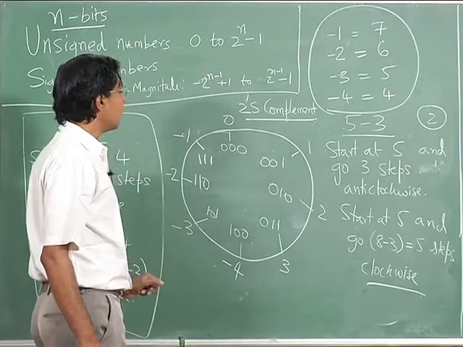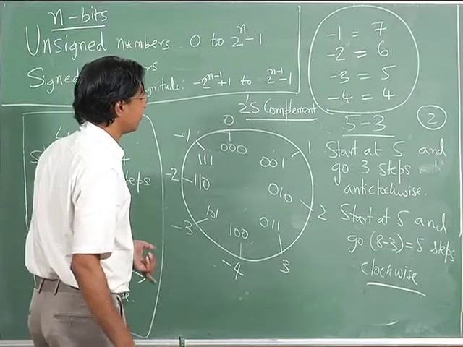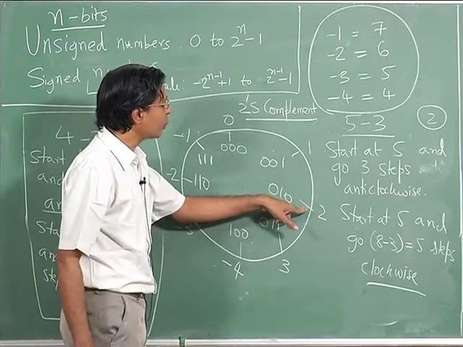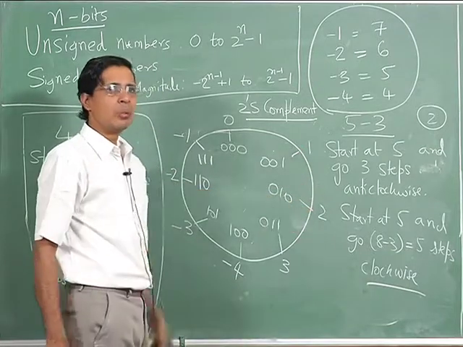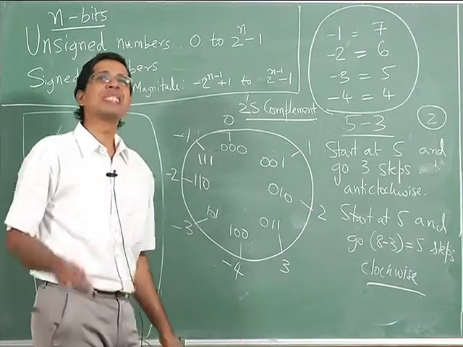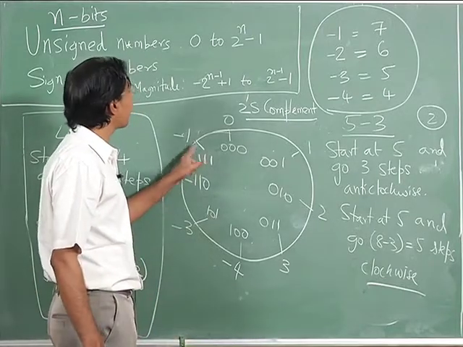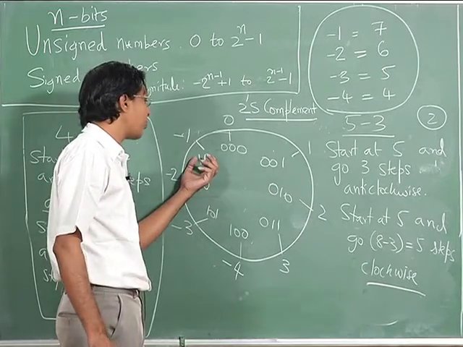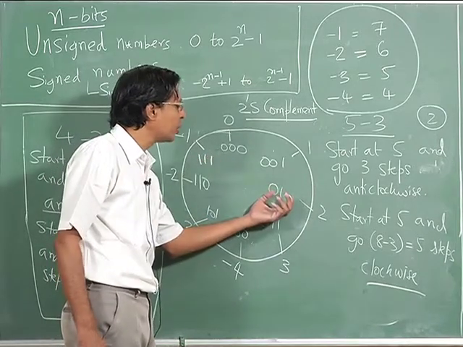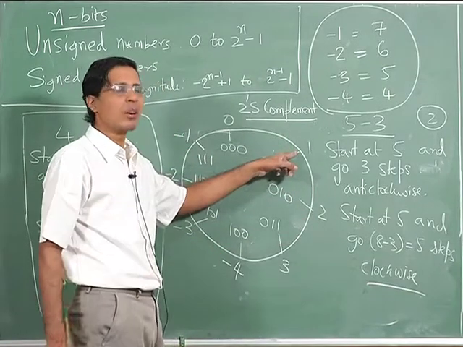So, if I want to do say 2 minus 1, I start from 2 and instead of going 1 step anti-clockwise, I have to go 7 steps clockwise, and as minus 1 is represented as 7, if I just take the representation of minus 1 and add it with this 2, it is going to take me 7 steps clockwise.